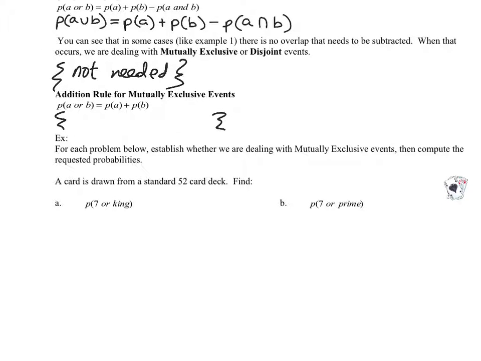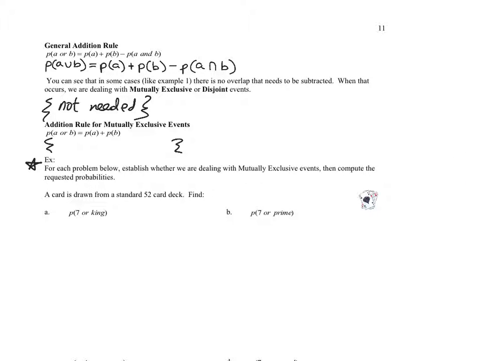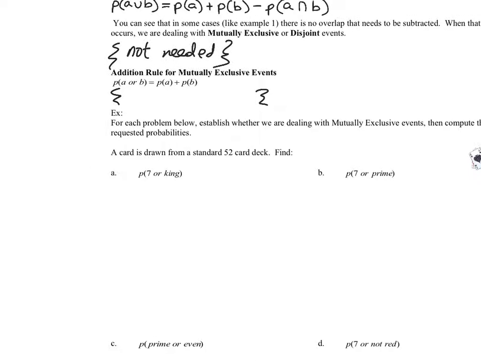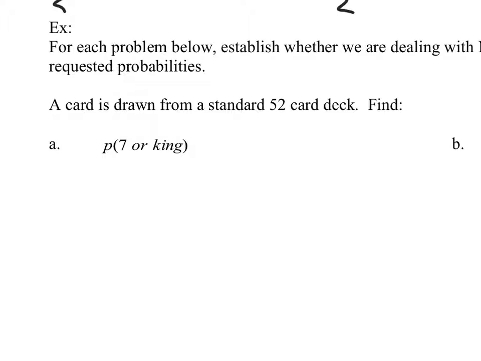All right, so I'm going to pop a star onto this example set because you'll try those on your own. And then I'm going to hop on over to multiplication. For the first one, would you say getting a 7 or a king is mutually exclusive? Can you get a 7 or a king at the same time?